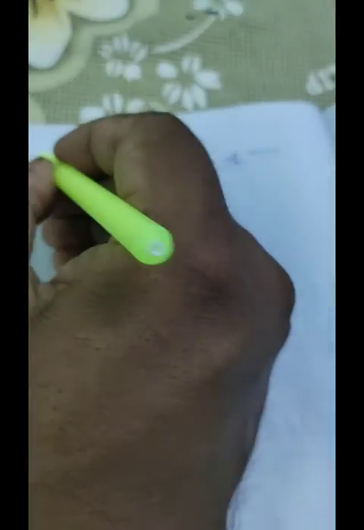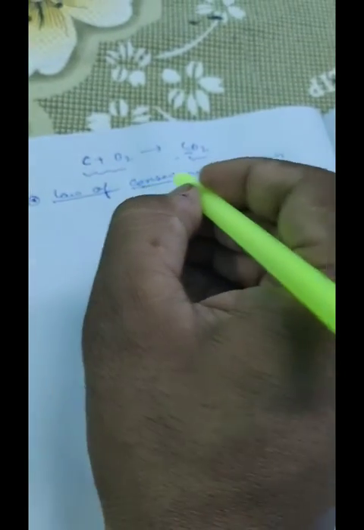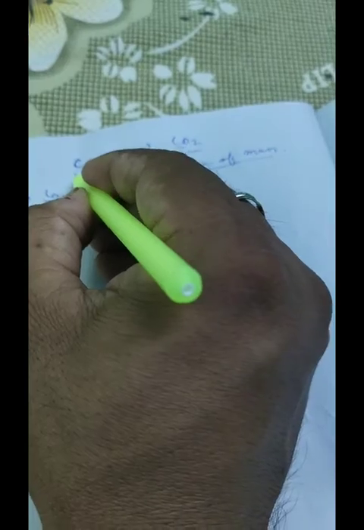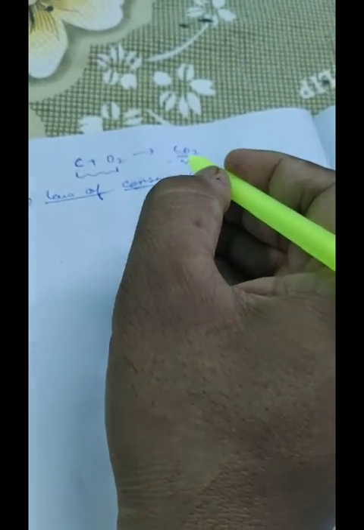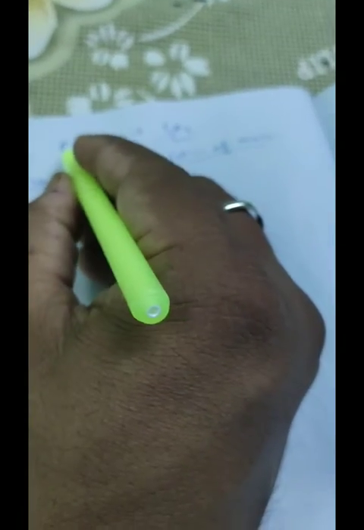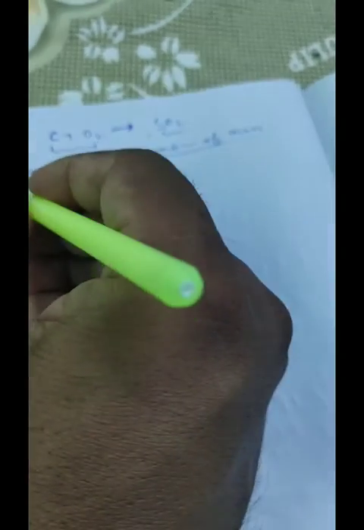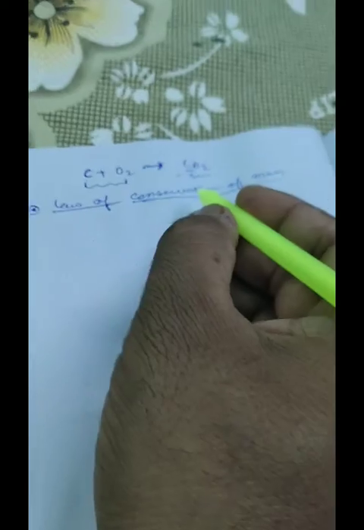First of all, with the help of balanced chemical equations, we get to know the formula of the respective elements. Second is the number of atoms used in the chemical equation. The third one is the law of conservation of mass.